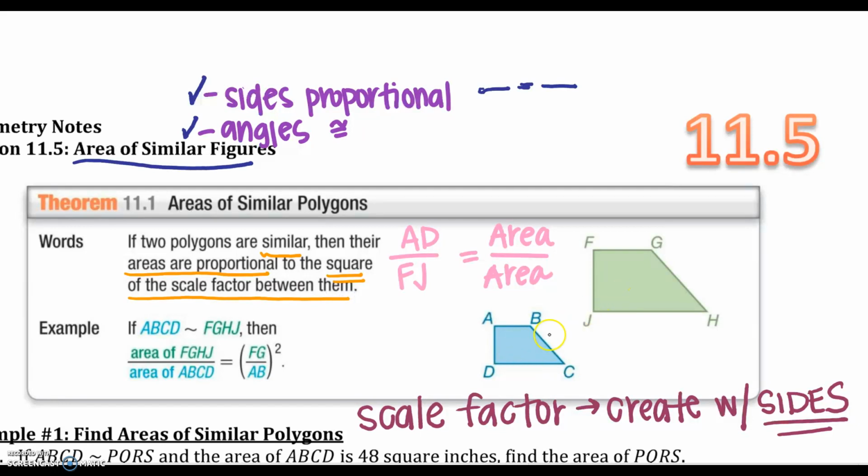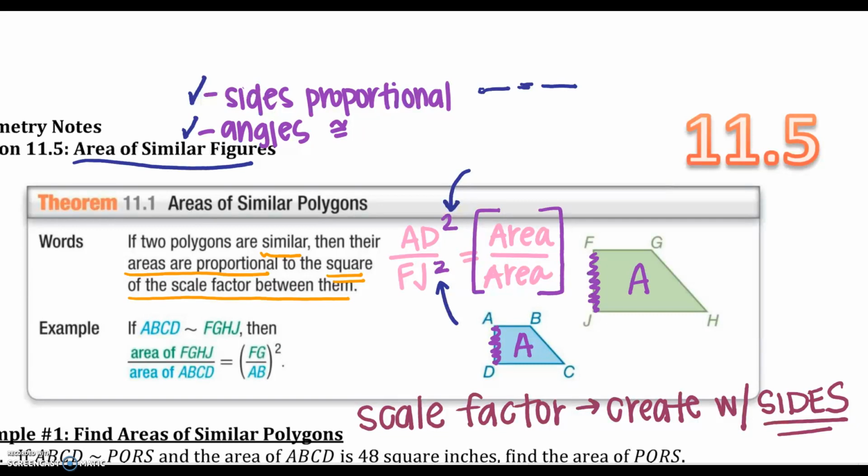If I have two polygons that are similar, I can say that AD over FJ, but I have to square those two sides to have it equal the area of one over the area of the second. So the big thing is when you set up your proportion, just make sure you square both of your side lengths to be able to set it up in the area.